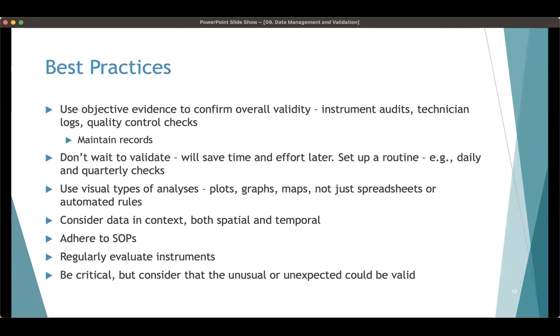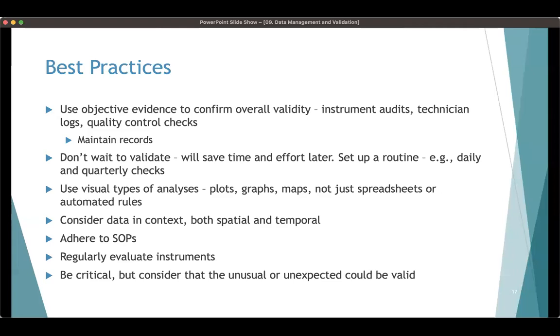Consider data in context, both spatial and temporal data. Adhere to SOPs. අපි SOPs වලට අනුව වැඩ කරනවා නම් ඒකට අනුව වැඩ වෙන්න ඕනේ. Not only that, regularly evaluate measure instruments. අපි data විතරක් නෙමෙයි, අපි ගාව තියෙන instruments weekly නම් weekly, monthly නම් monthly, ඒවා හරියට වැඩ කරනවාද, any damages, whether we should replace them කියලා consider කරන්න ඕනේ.